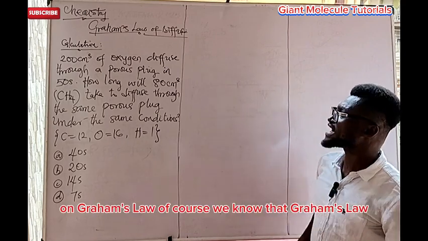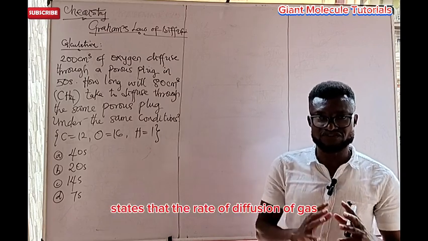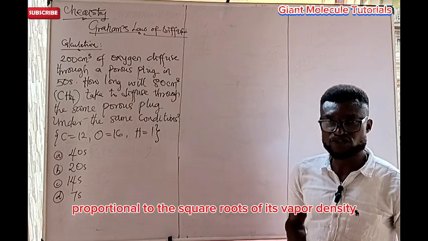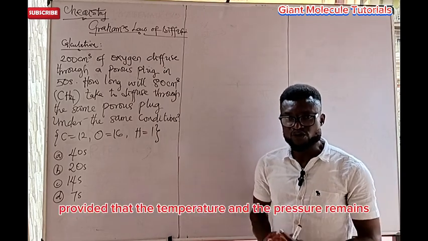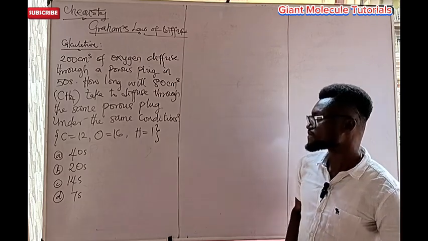Of course, we know that Graham's law states that the rate of diffusion of a gas is inversely proportional to the square root of its vapor density, provided that the temperature and the pressure remain constant.